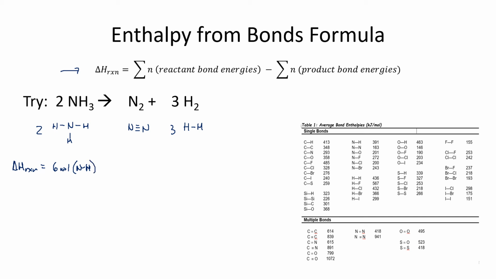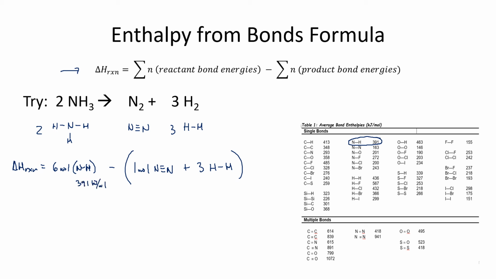And then we're going to subtract 1 mole of N triple bond N plus 3 moles of H single bond H. And so we'll look all those up. The N to H bond is here, 391 kilojoules per mole.